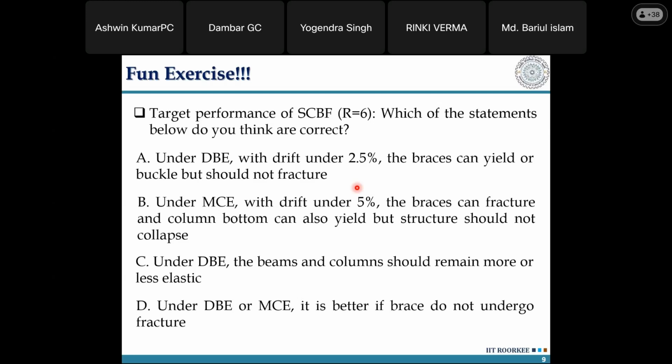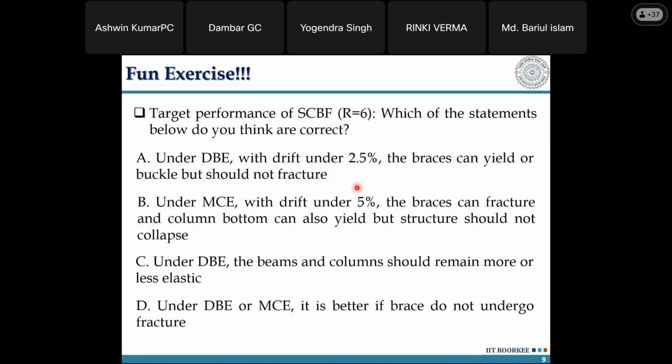Under DB level, which is the design basis earthquake level, if you do a nonlinear time history analysis, the interstory drift ratio has to be less than 2.5 percent, with maximum nonlinearity in the braces, where the braces would have undergone yielding and buckling, but should not fracture. If it fractures under DB level itself, then under high seismic, if something like an MC level comes in, the structure will not be able to handle the lateral forces.